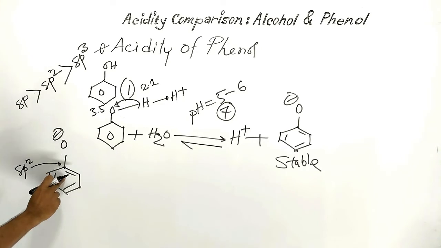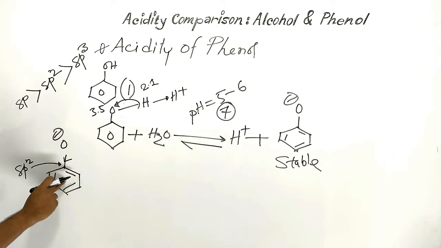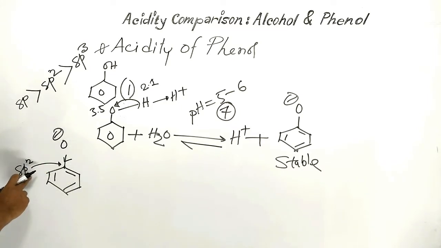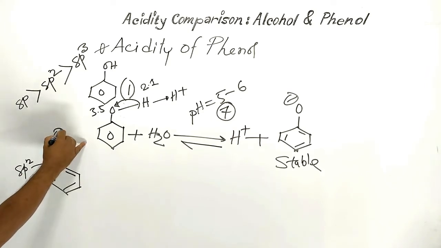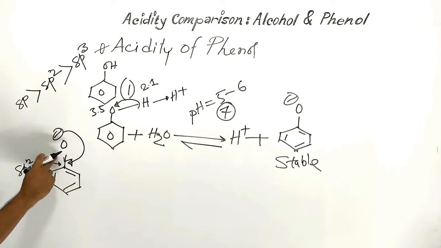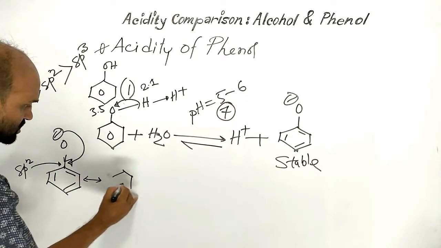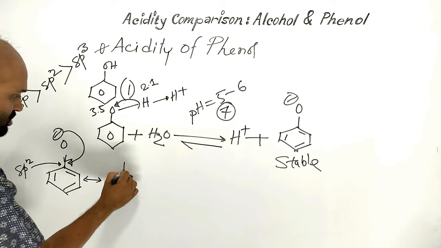So there are 2 points. One, pi bonding electrons move continuously through pi molecular orbitals. That is why the phenyl group achieves electron withdrawing nature. Number 2, sp2 hybridized carbon is electronegative carbon. That is why these lone pair of electrons turn into bond pair of electrons and a resonance structure is formed.